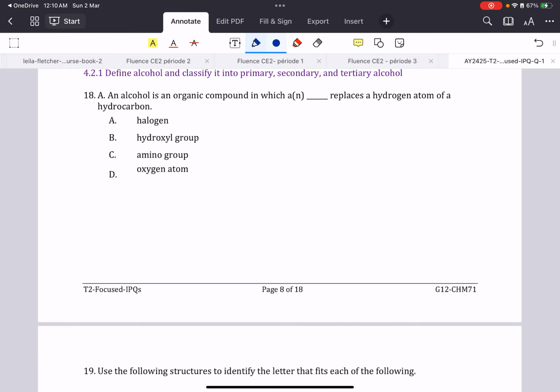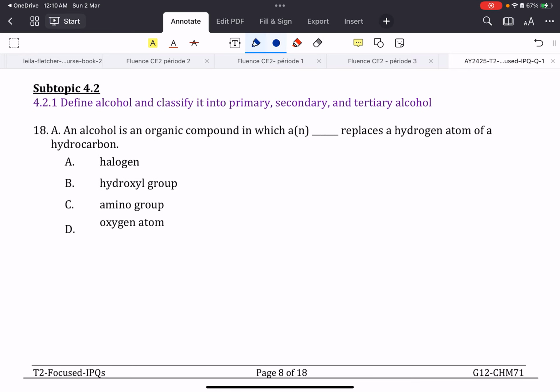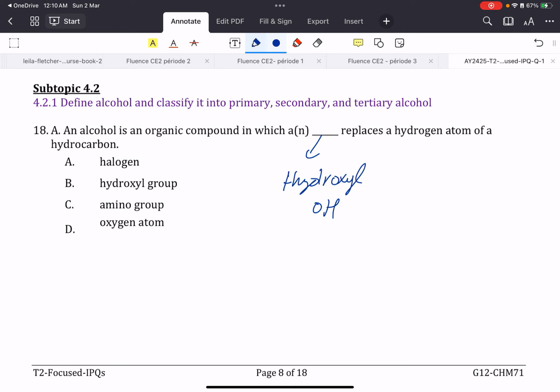Moving on, an alcohol is an organic compound in which, again, a hydroxyl OH group replaces a hydrogen of a hydrocarbon. Since this is a question given in the focused questions, maybe they will make changes at the end of term exam. So let's see.